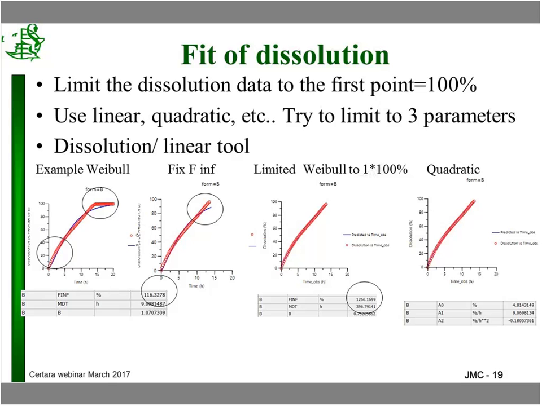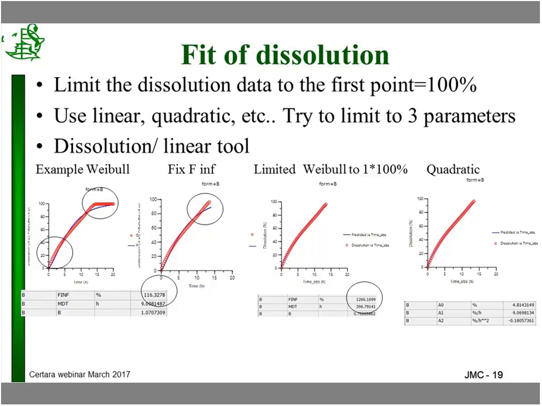If I remove these points but let the F infinity go to what it wants, I have the third curve starting from the left side. You can see that in this case, the F infinity is going to go to 1,266%. Why? Because I removed the plateau, so the curve seems to increase all the time without any data to end it.